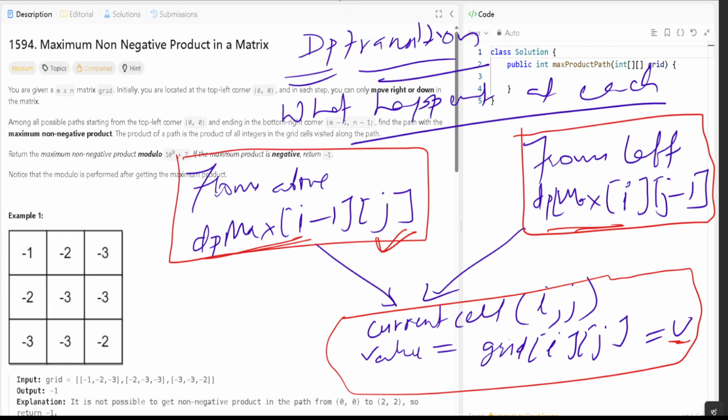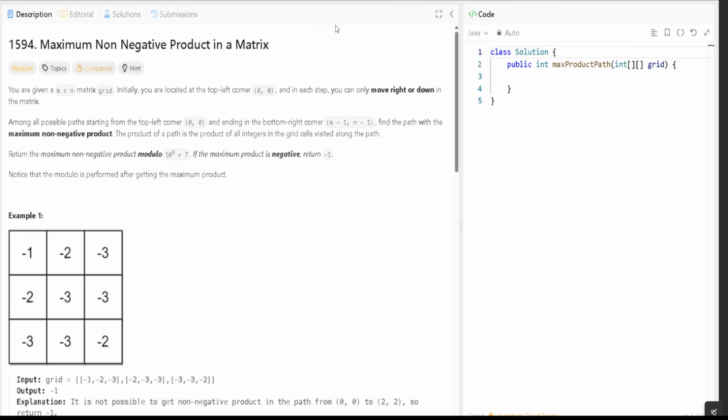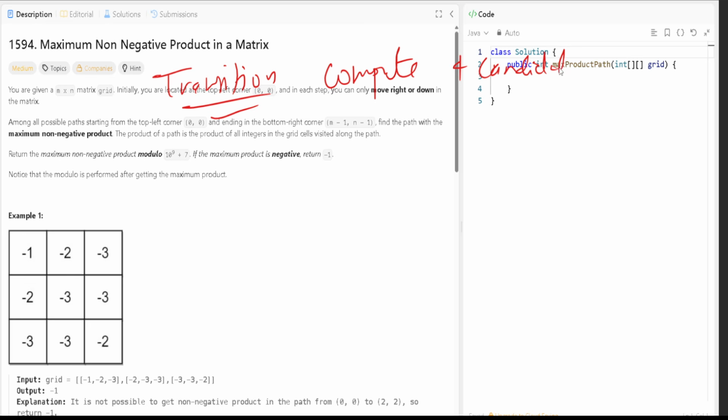Let me explain how. Let's suppose I'm talking about the transition, how the transition will work and how it will compute. If you want to compute the candidate products, the very first thing is what the candidates are.